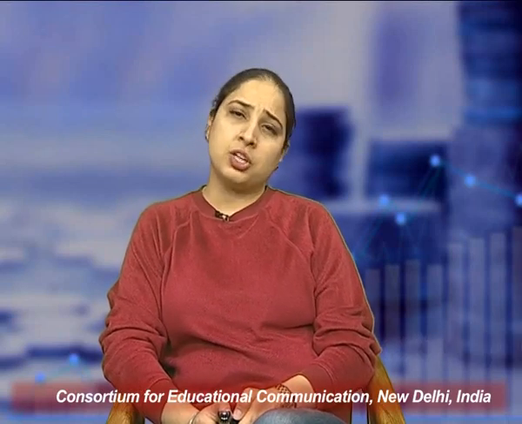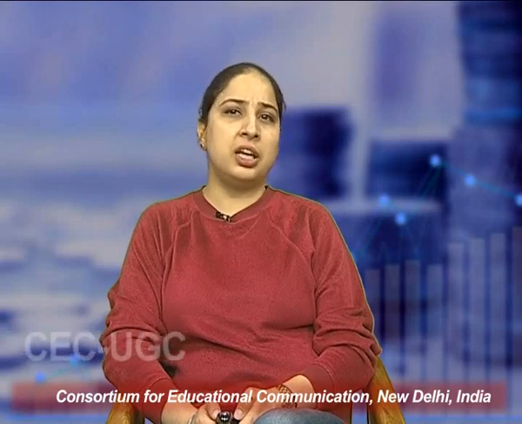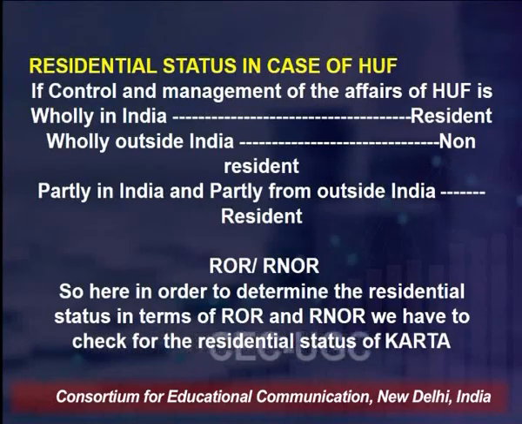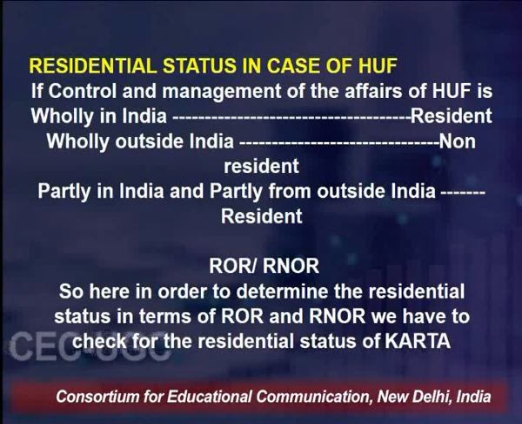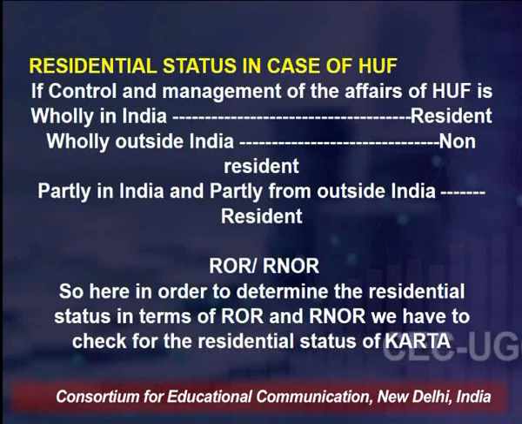Next we'll be talking about the residential status in case of a Hindu undivided family. In the case of a Hindu undivided family, we go by the control and management of affairs. Let's suppose the Hindu undivided family has the entire set of its operations, control and management, in India only, then we would say that this Hindu undivided family is resident in India.